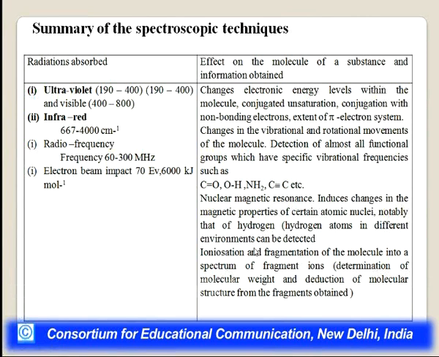If you want to analyze the molecular formula or the molecular mass of a compound, you need to take the help of mass spectroscopy, as well as if you need to analyze the fragmentation pattern, or which kind of fragments or constituent groups are there, you have to take the help of mass spectroscopy. Again, we will discuss in detail in coming lectures. And determination of molecular weight and deduction of molecular structure from the fragments obtained.